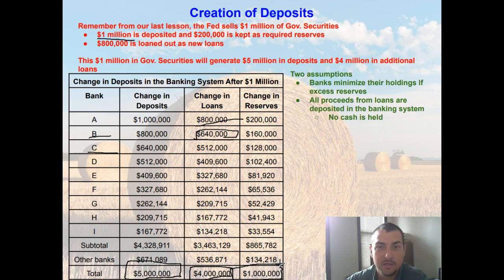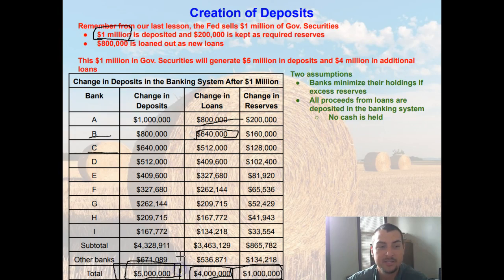So $1 million enters into the money supply, and it generates $5 million, all because we are dealing with checkable entries. We're dealing with actual entries, not physical amounts. So that's a really interesting thing to note: by putting in just $1 million, the Fed generates $5 million.